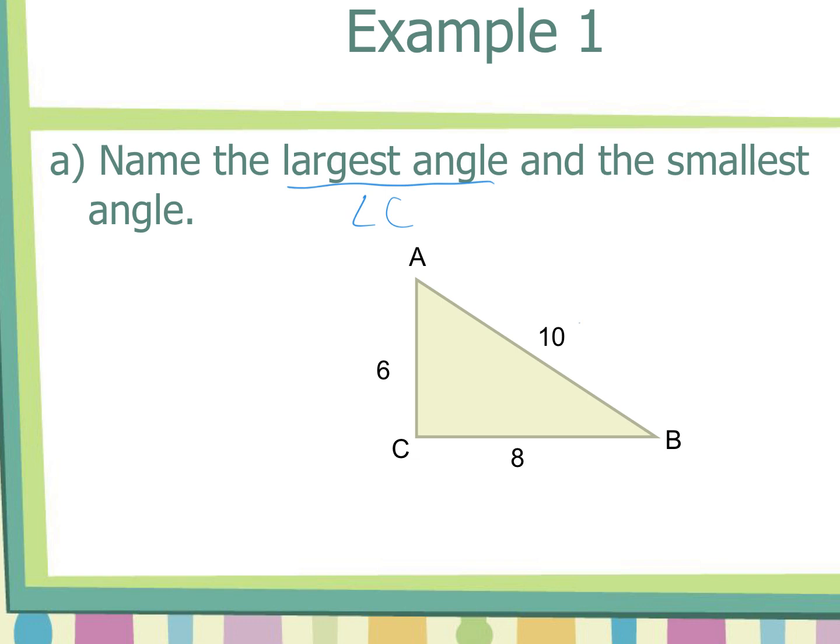The largest side, which is 10, okay? So if 10's the largest side, the angle opposite it should be the largest angle. Do you guys agree? So using that same logic, what would be the smallest angle? Angle B, okay? Because it's opposite the 6. So angle B would be the smallest.